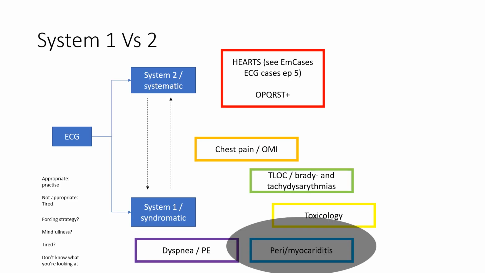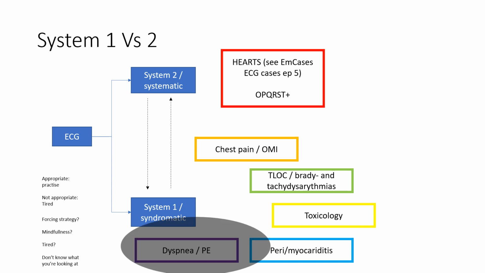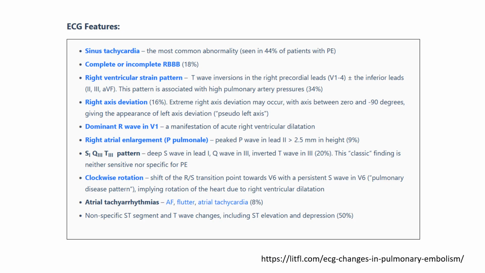All right, last one here, dyspnea. So for dyspnea, in general, you can look at it systematically, but we want to home in on the PE thing. And here's a great overview of the very often quite specific but not so sensitive findings in PE with ECG.